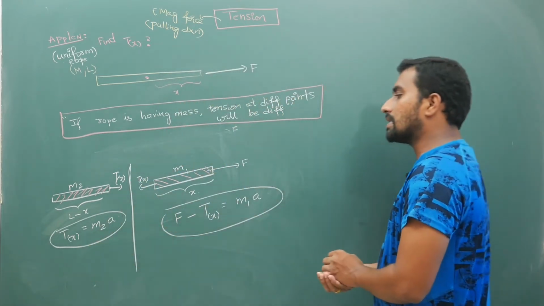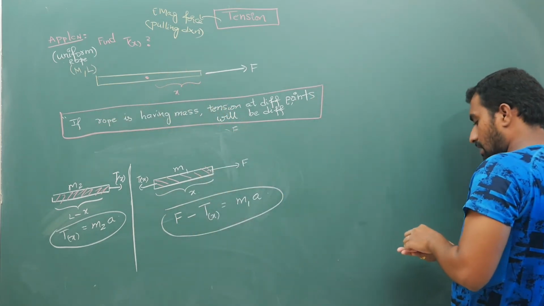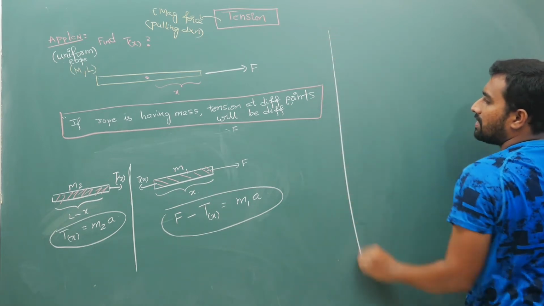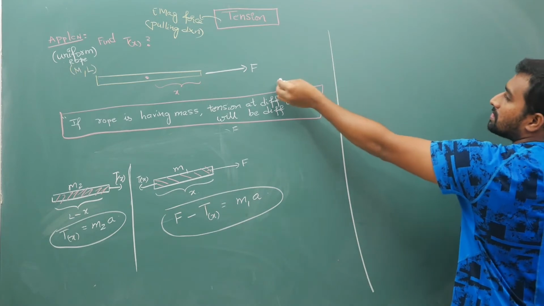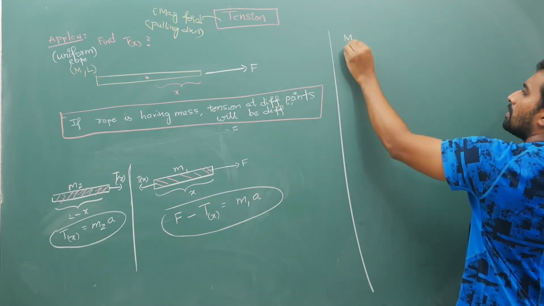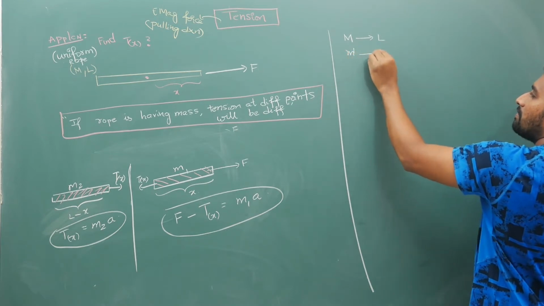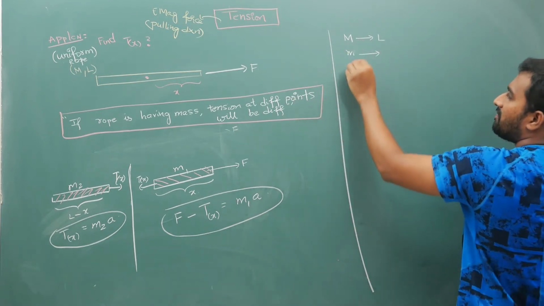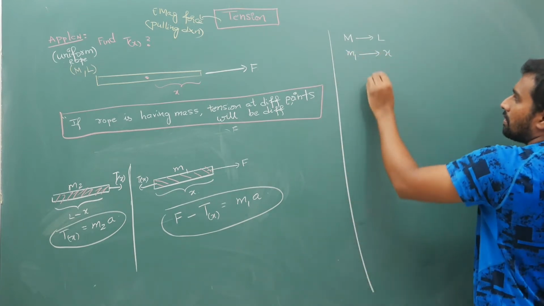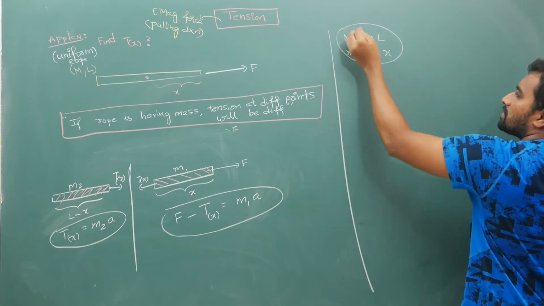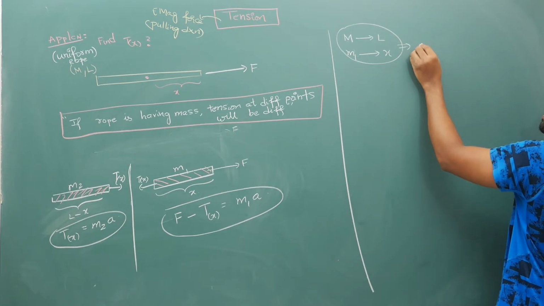So in this case, I am splitting this rope into two parts. The right side part has this equation, the left side part has that equation. Now because this is a uniform rope, if mass M has length L, and mass m1 has length x, then in direct proportion, more mass, more length, you cross multiply.